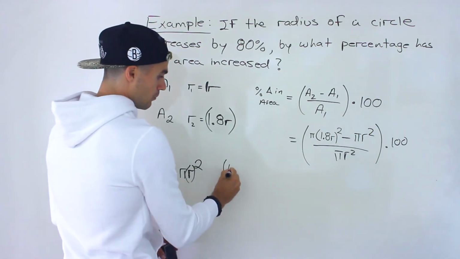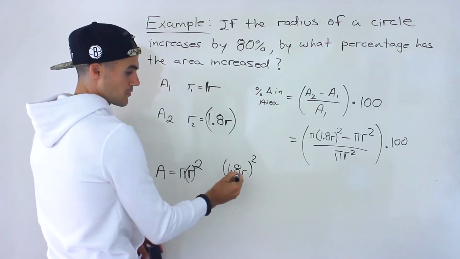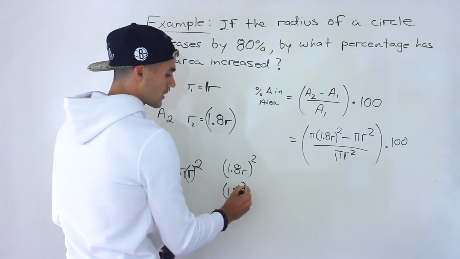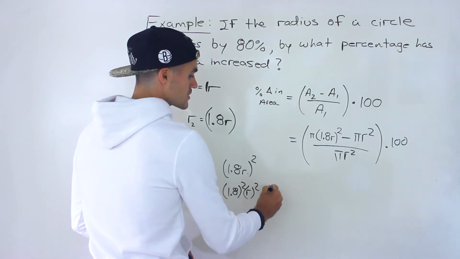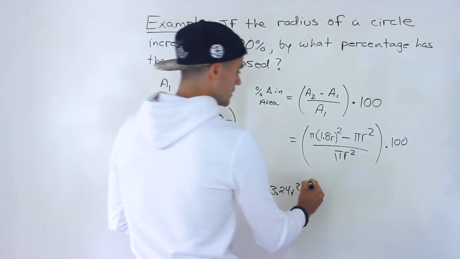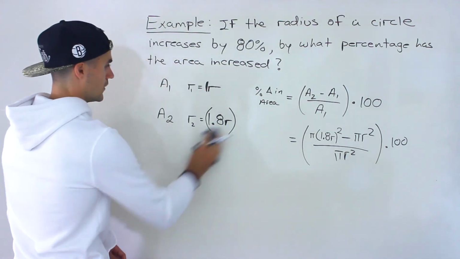Now, what is (1.8 r) squared? Notice there are two things multiplying, the 1.8 and the r, so the 1.8 would get squared, and then the r would get squared. 1.8 to the power 2 gives us 3.24, and then we'll have r squared. So let's continue it over here.